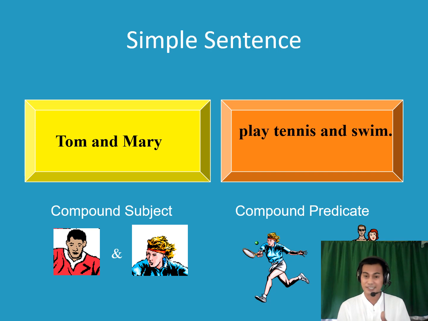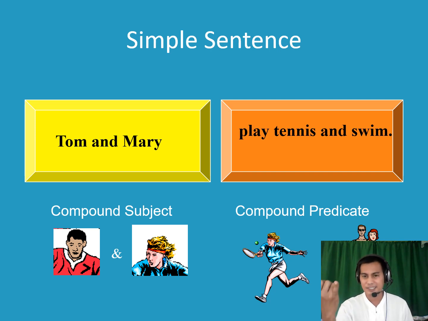Another one, this can also be under a simple sentence: compound subject and a compound predicate. Two actors, two actions. Tom and Mary play tennis and swim. Who play tennis and swim? They are Tom and Mary. So that's compound subject. Still two actors. Then what did Tom and Mary do?